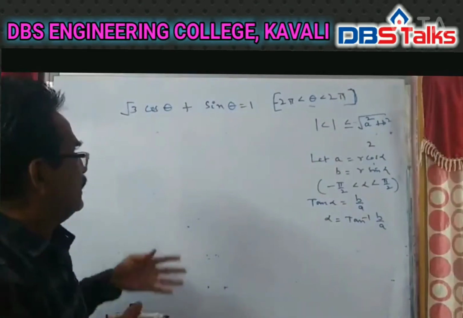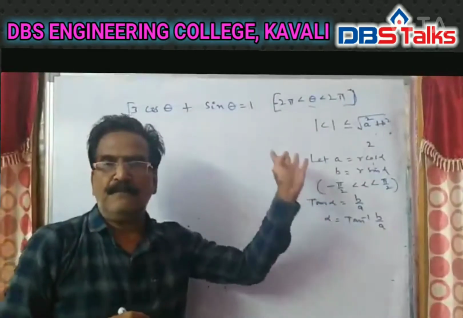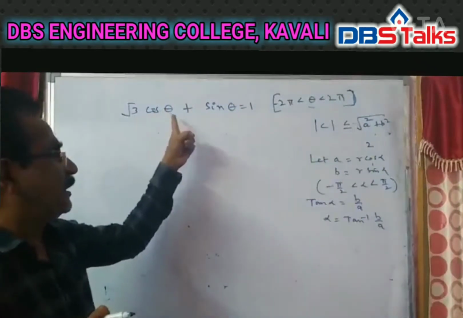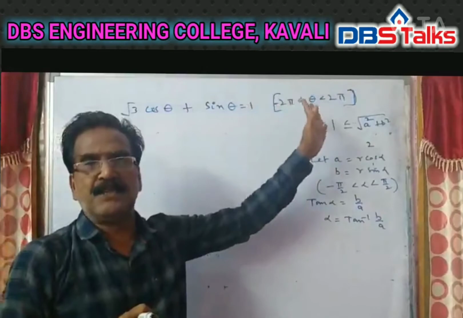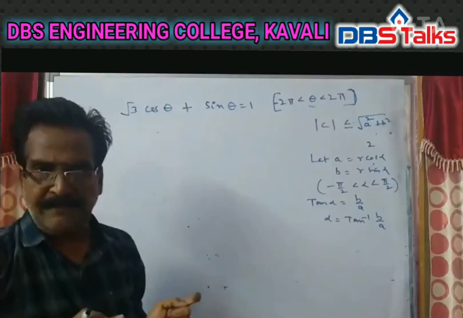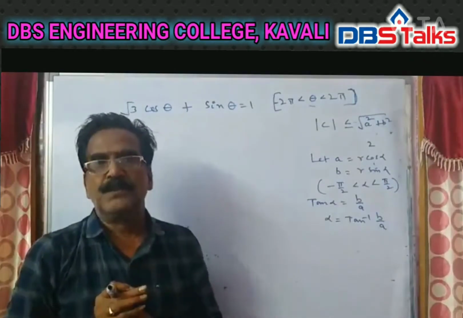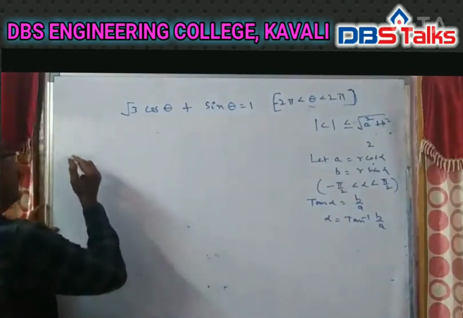Here the question is the number of solutions of root 3 cos theta plus sin theta is equal to 1. Okay, friends. This is the a cos theta plus b sin theta is equal to c form. So first let us find alpha.